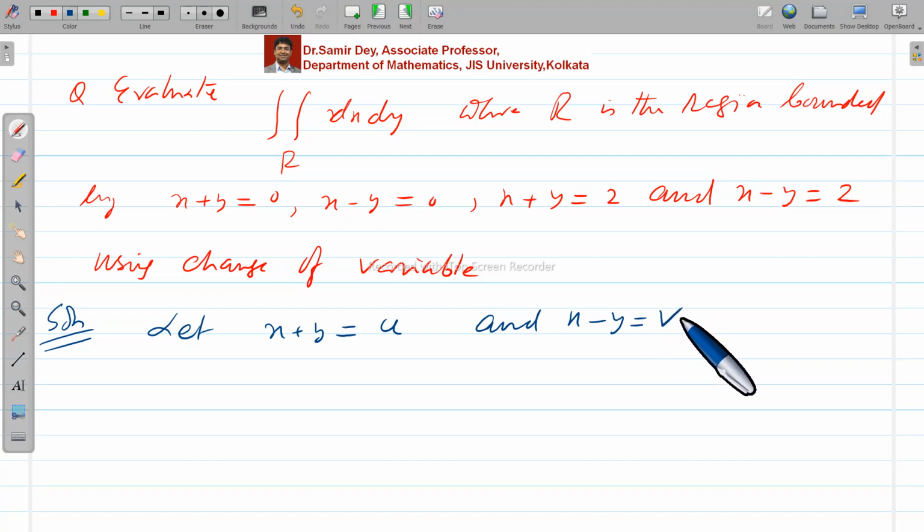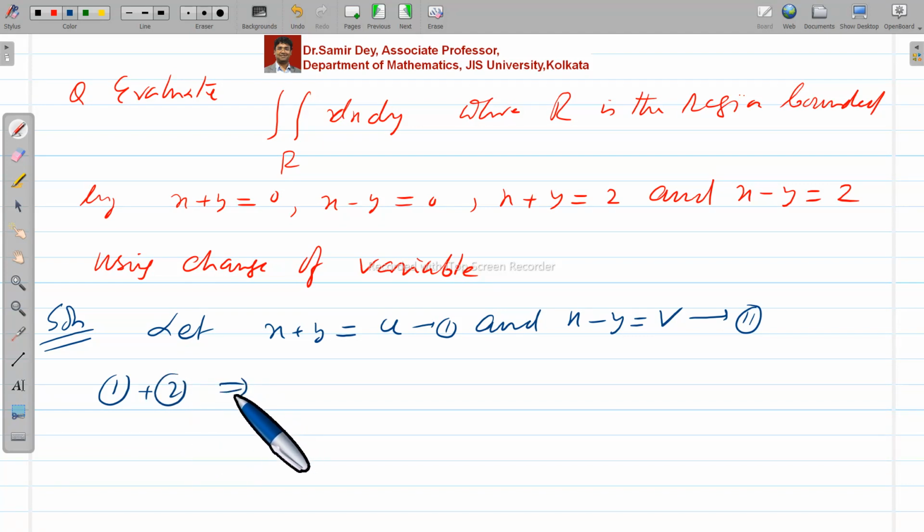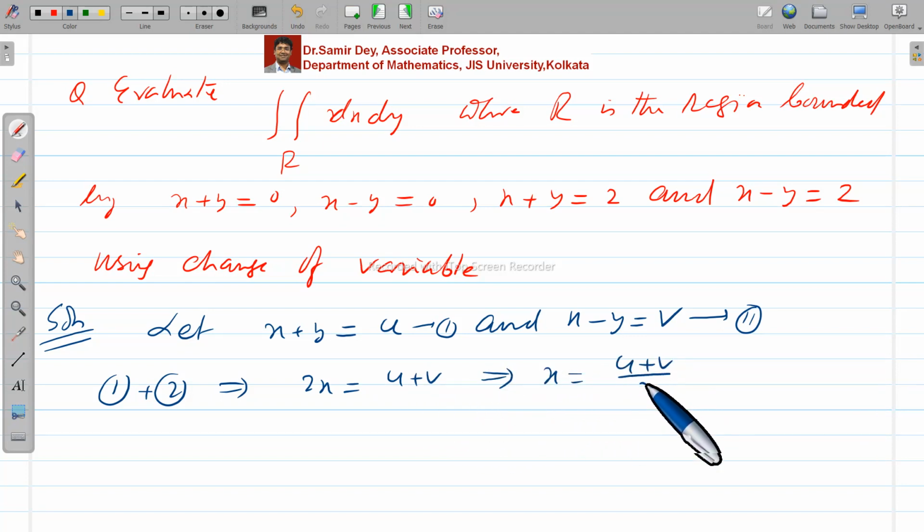Is it clear? Now check: if I add these two, calling this number 1 and this number 2, then 1 plus 2 gives 2x equals u plus v, so x equals (u plus v) by 2.